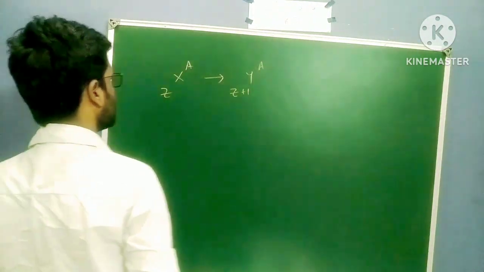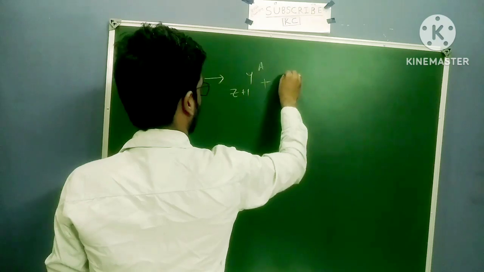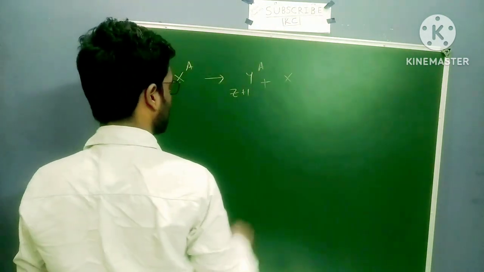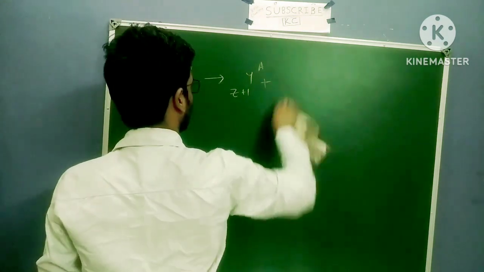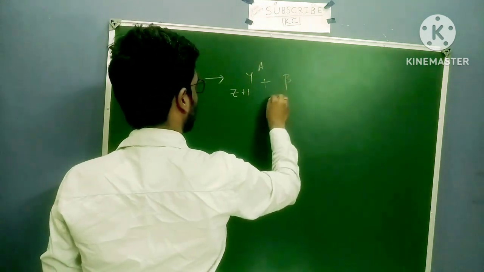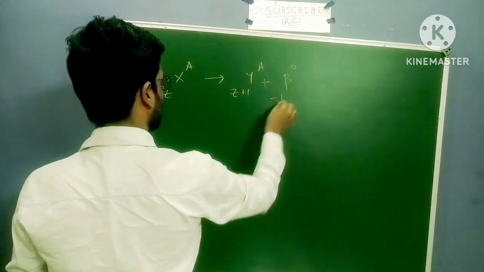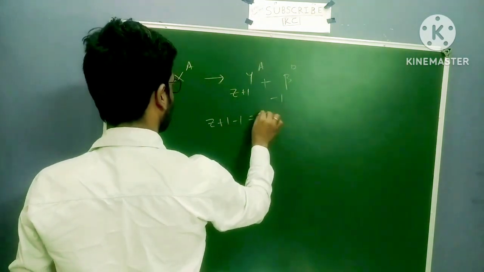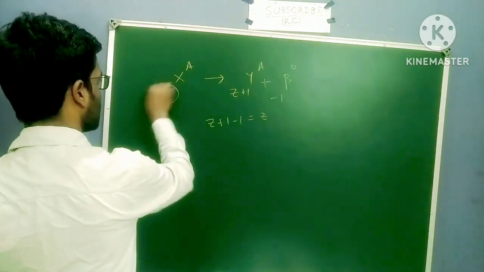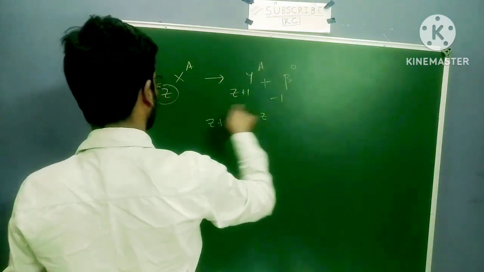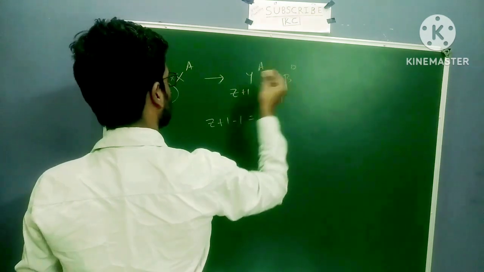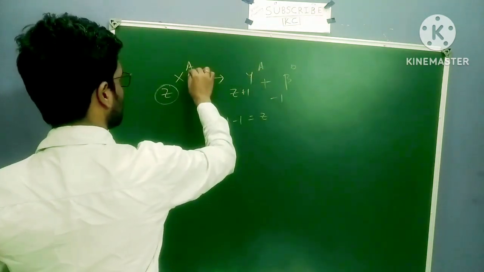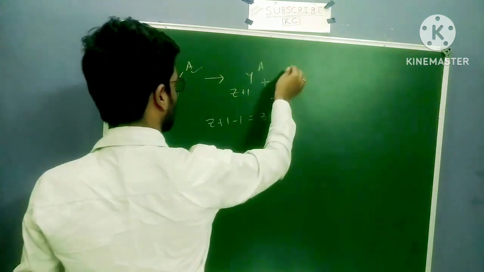Suppose I take a beta particle here, beta minus 1 0 emits. Then Z plus 1 minus 1 equals Z, right? If you add Z plus 1 minus 1, you will get this, so it is okay. Here A plus 0 is A, so the answer is beta particle.